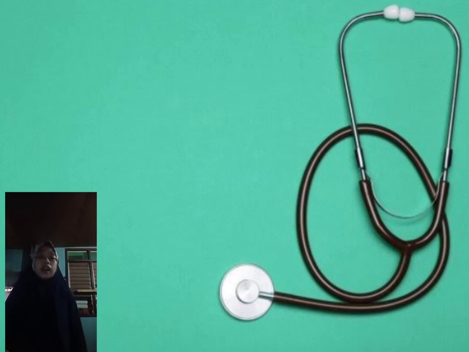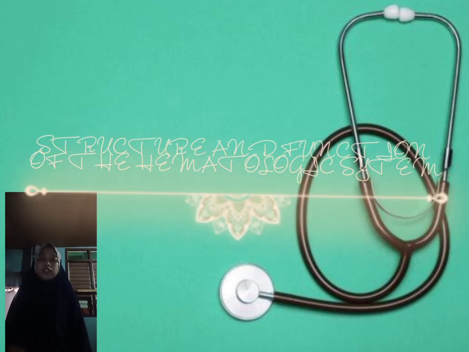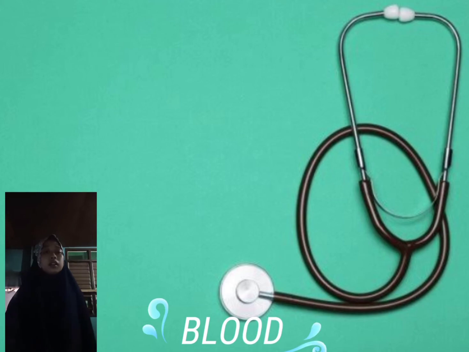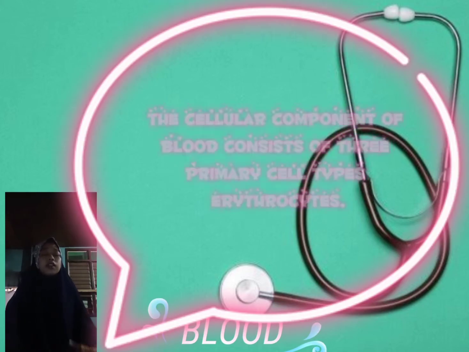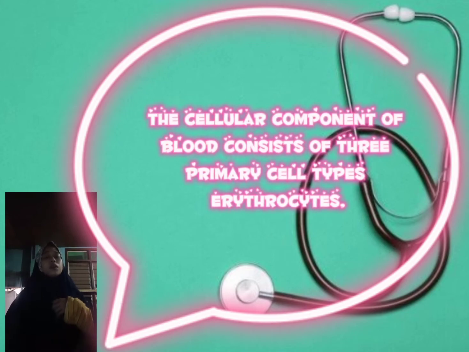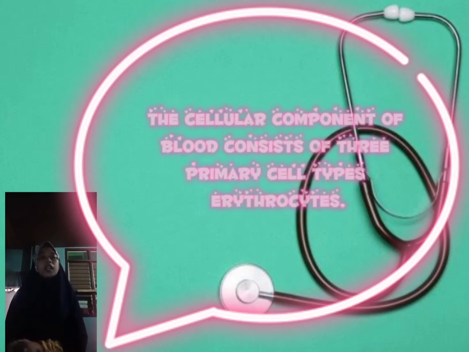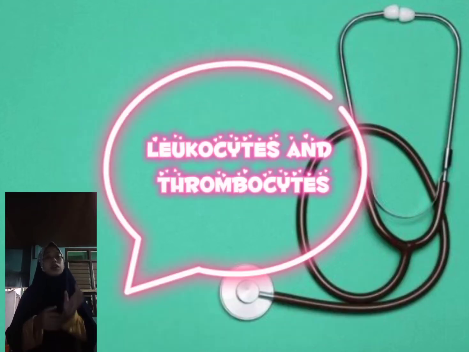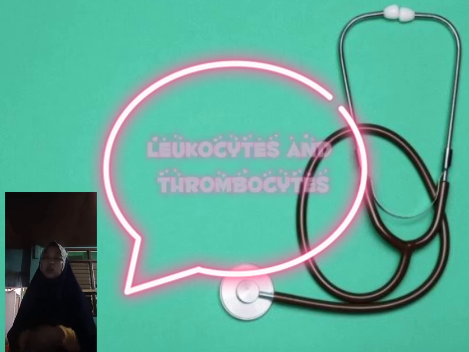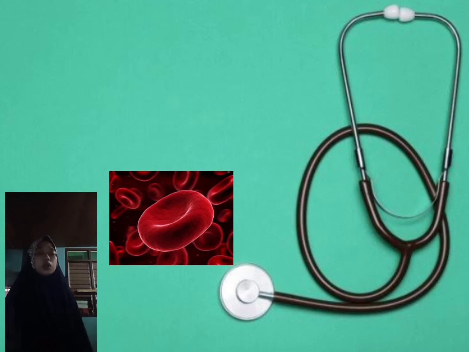Next is the structure and function of the hematologic system. The cellular components of blood consist of three primary cell types: the erythrocytes, also known as red blood cells or RBCs; the leukocytes, also known as white blood cells or WBCs; and the thrombocytes, known as platelets.